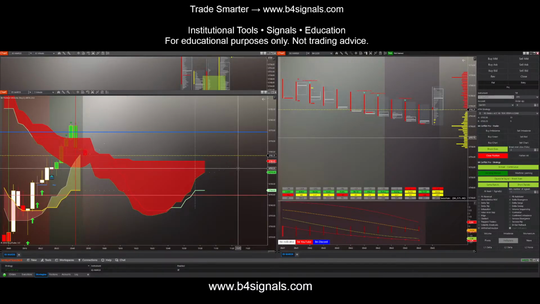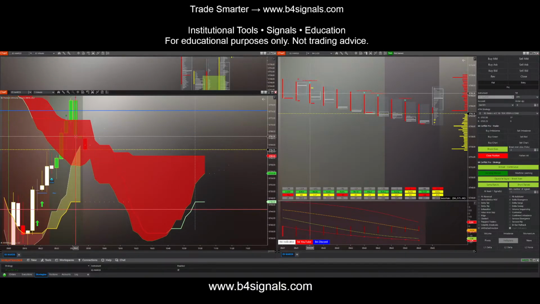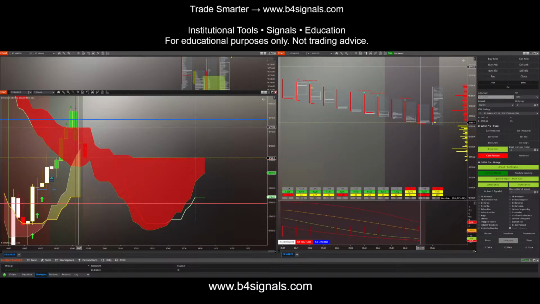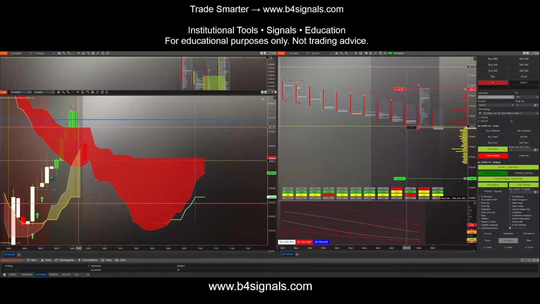What we're looking for is the opportunity to re-enter over the close of the body of the top of this candle for the aggressive re-entry. The conservative, of course, would be beyond the last kiss dot. Order filled.